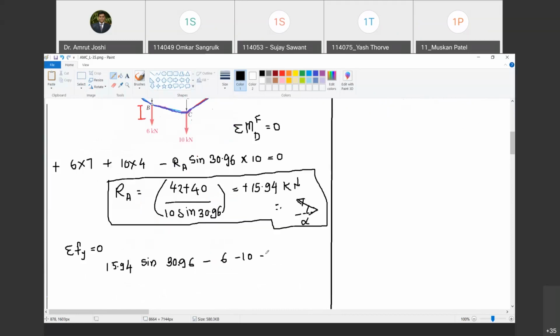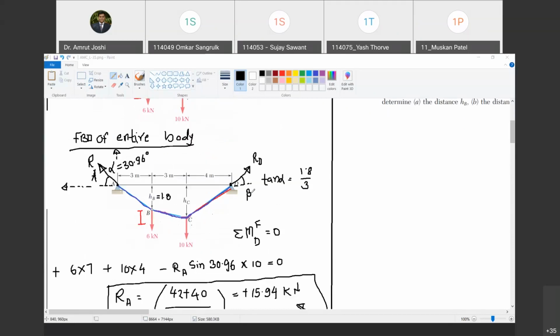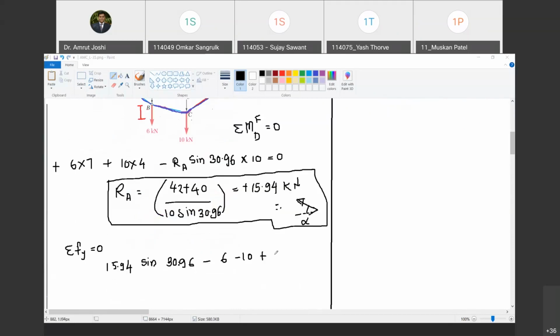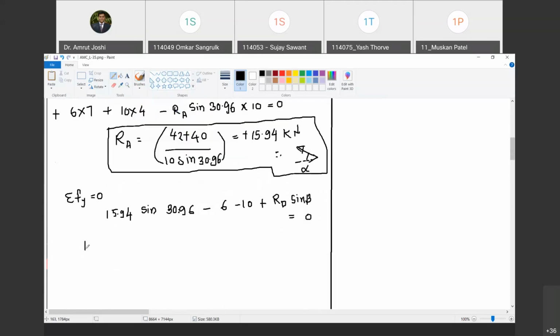And what is the next component? Plus, tell me. RD, RD sine beta. Happy? Yes, sir. This is equal to, yes, tell me. This is equal to 0. Do you agree with me? Yes, sir.